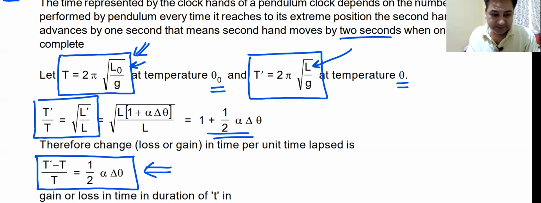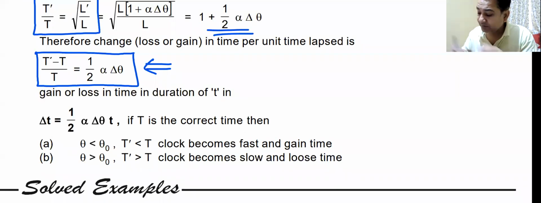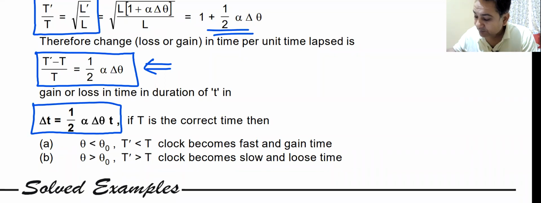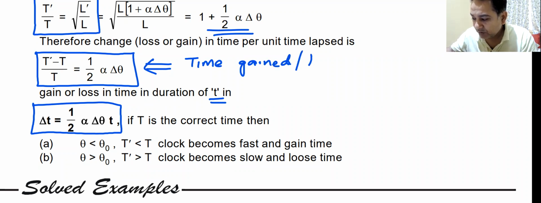And in simple terms, you can just write in this form: time gained or time lost in a period of t seconds. Do you understand this?